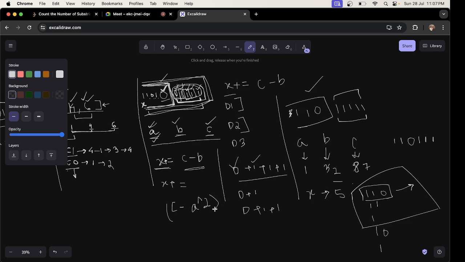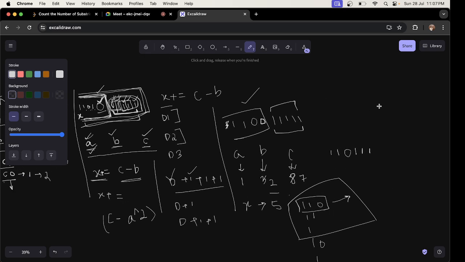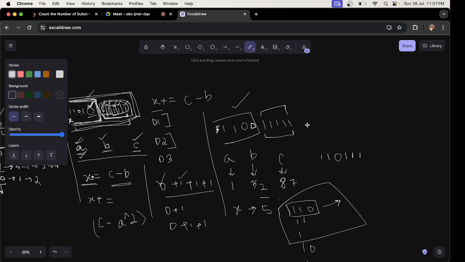And this will happen when there are no dominant strings initially. So if I take this example 1 1 0 0, and then there are 5 ones, and i is 1 here. Basically we are starting from the second index.